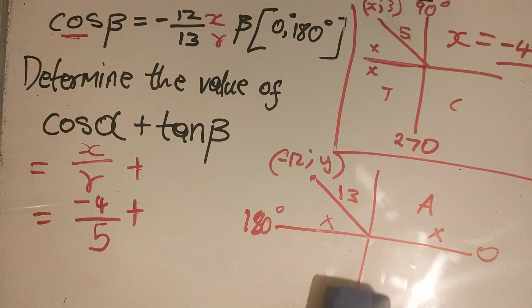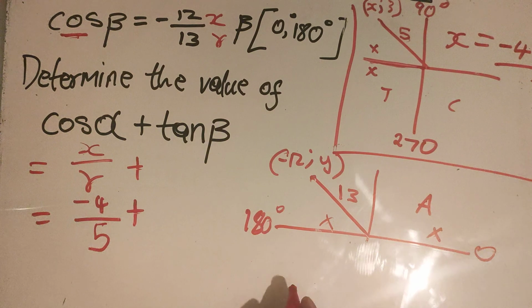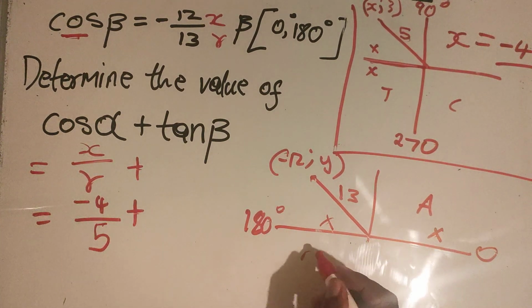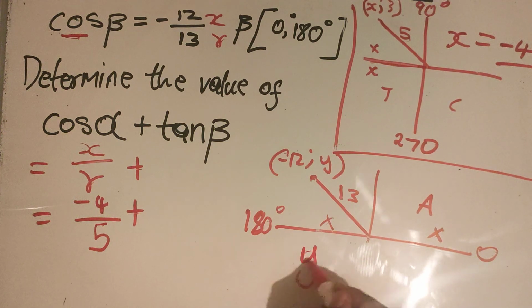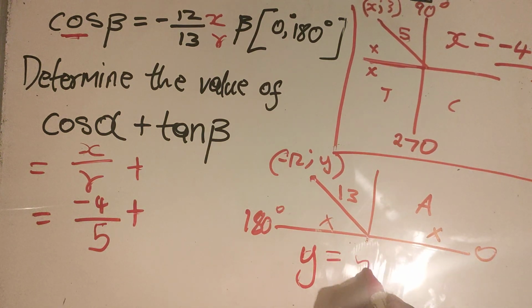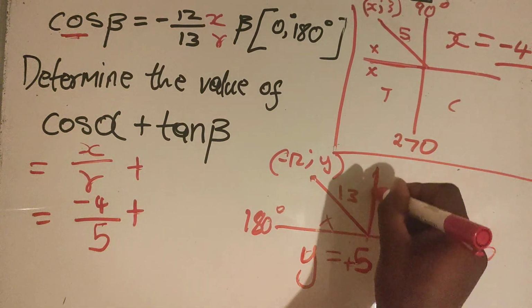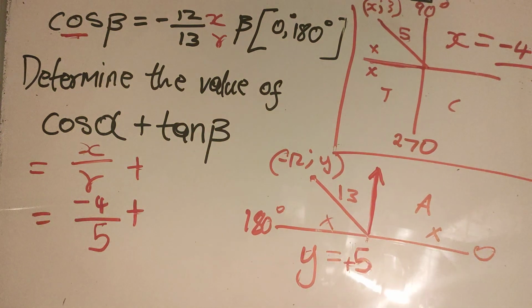Pythagoras theorem. You can pause the video and find the value of y. We discovered that the value of y is equal to positive 5. Why is it positive 5? Because we are dealing with the positive y-axis.